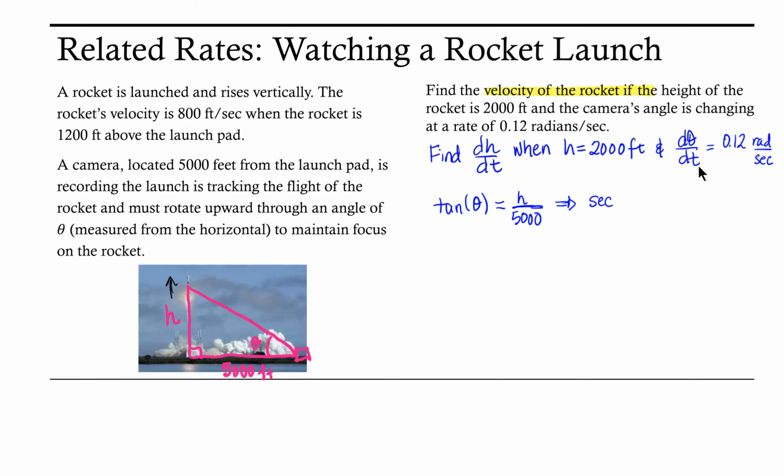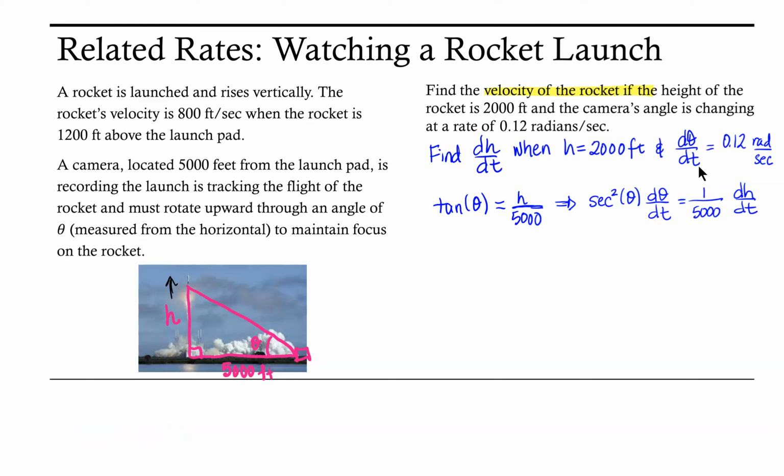And in doing so, we end up with secant squared of theta d theta/dt equals 1 over 5,000 dh/dt. Now, if that 1 over 5,000 dh/dt is not perfectly obvious to you, note that h over 5,000 is the same as saying 1 over 5,000 times h.